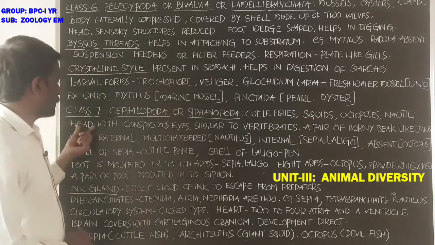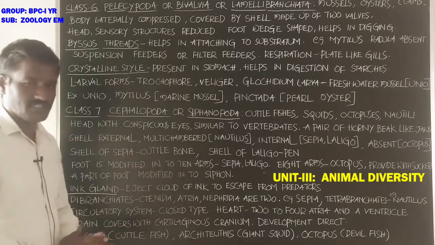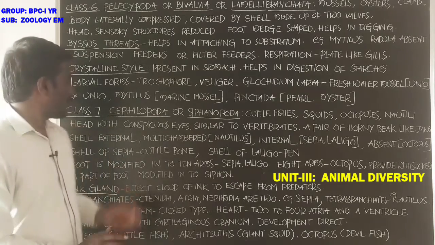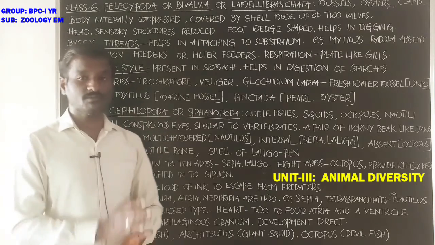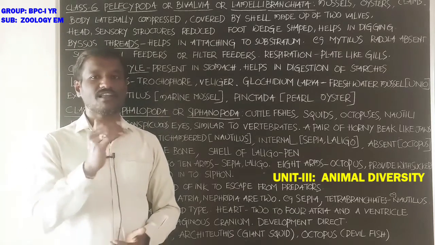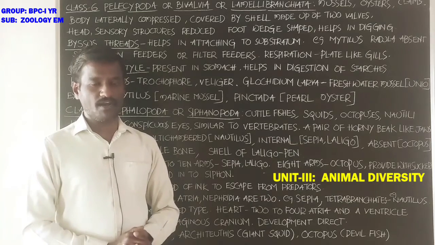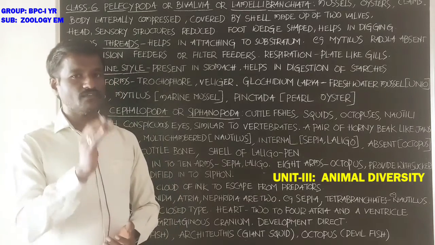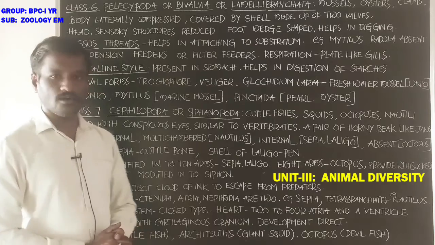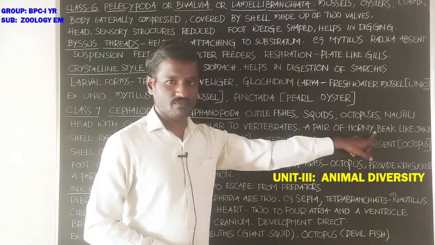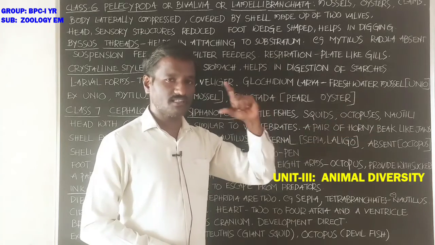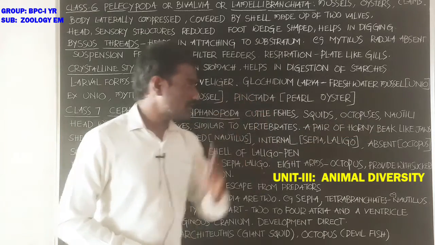Head is with conspicuous eyes. Conspicuous means clearly visible. Head is with clearly visible eyes like vertebrates. A pair of horny beak-like jaws present at the head region.